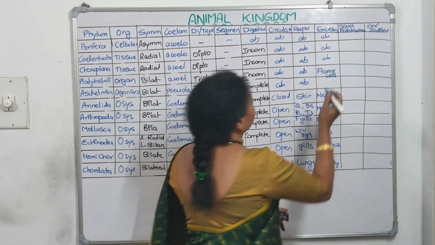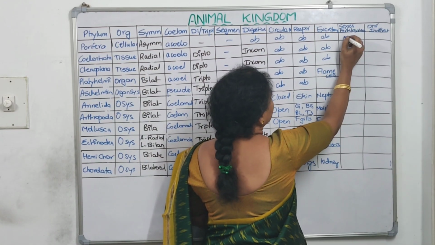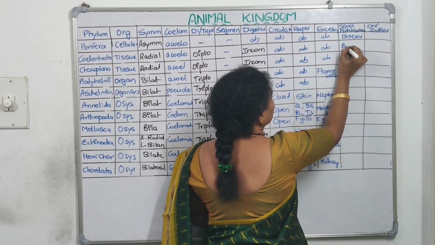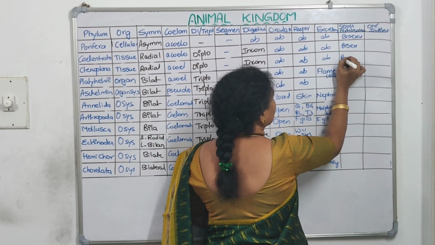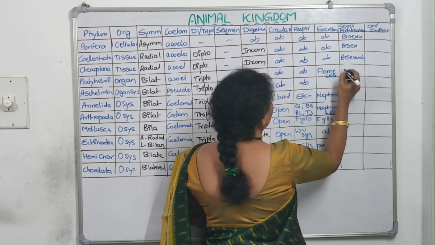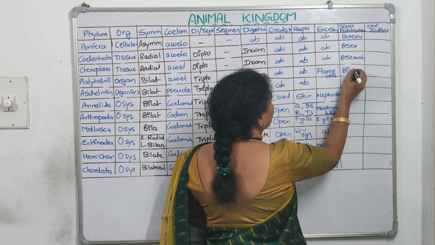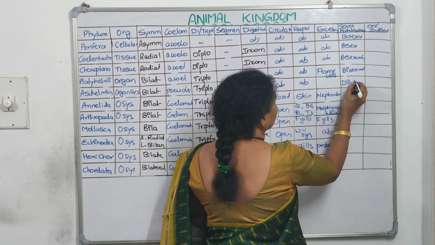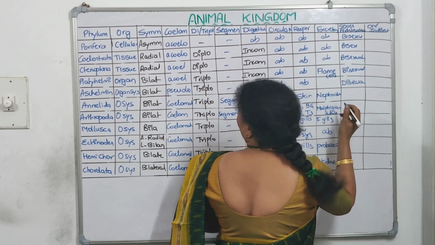Now sexes are the same, means they are hermaphrodites, they are bisexuals. Here also bisexuals, here also bisexuals. In Platyhelminthes also they are bisexuals. Here they are dioecious, unisexuals.